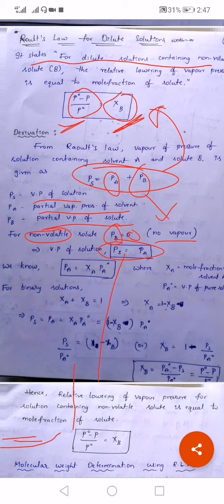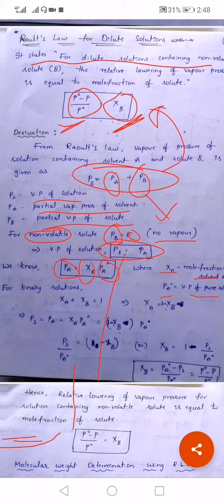So PS, the vapor pressure of solution, will be equal to PA, the partial vapor pressure of solvent. From Raoult's law, the partial vapor pressure is given as the product of the mole fraction of that component and the vapor pressure of that component in its pure state. That means PA is equal to XA into PA naught, where XA is the mole fraction of solvent and PA naught is the vapor pressure of the solvent in pure state, since we have taken A as solvent.